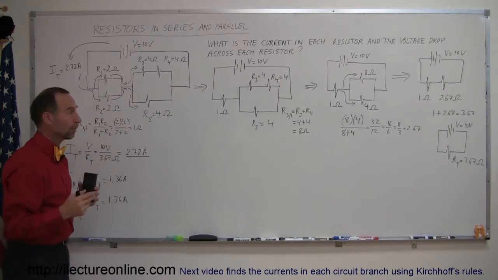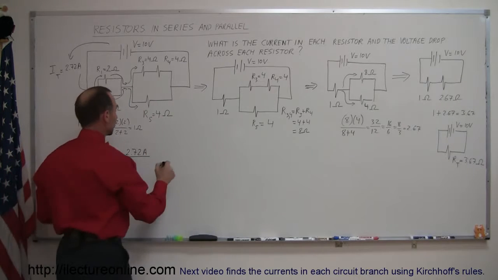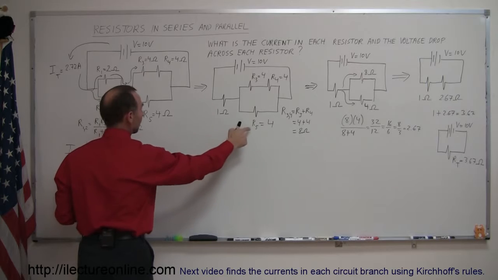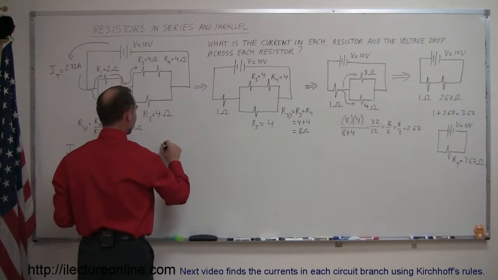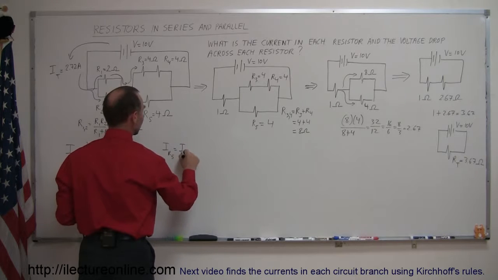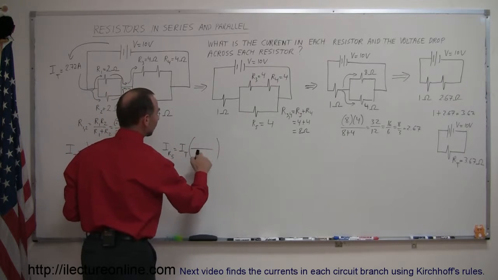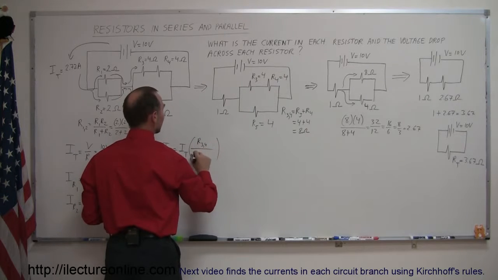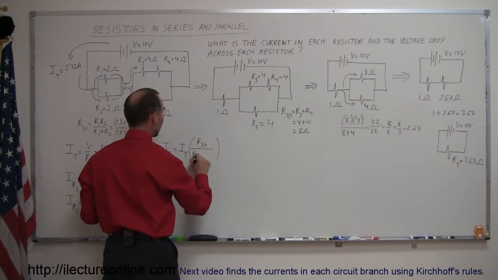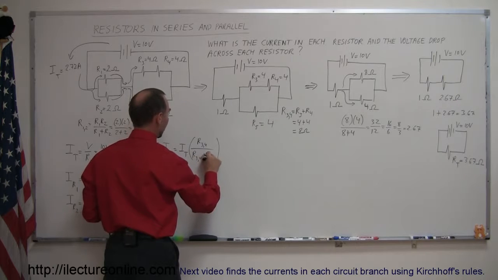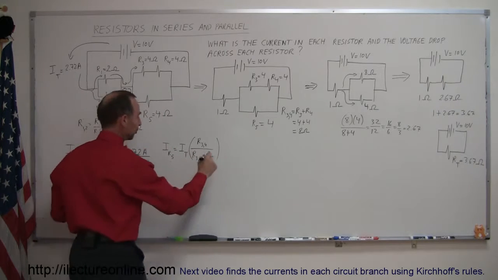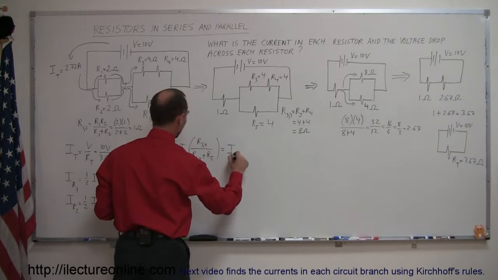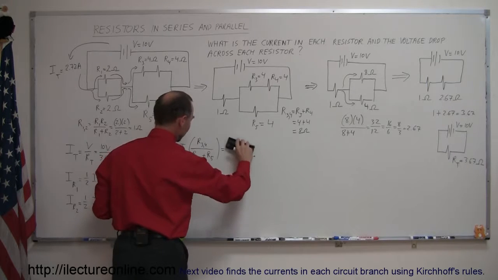But again, if you want to make sure you know how to do that, you can say that I through the bottom branch, I R5, is equal to I total coming in times the ratio of the resistance in the other branch, that would be R34, divided by the total resistance, which is R34 plus R5. Let me actually put the values in.